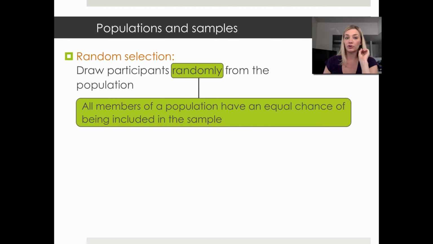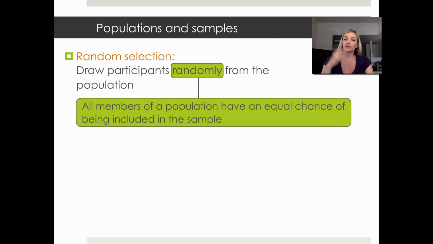Okay, so if we're truly using random selection, that means every member of the population has an equal chance of being included in my study, in the sample. So if I wanted a true random selection of mothers, that means that mothers in Russia, mothers in Brazil, mothers in Australia, mothers in Texas, they would all be equally likely to be chosen to be part of my study.